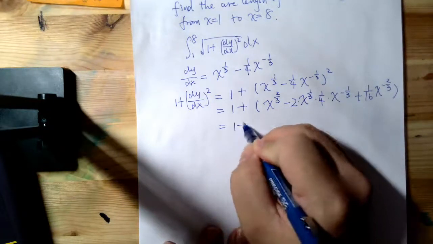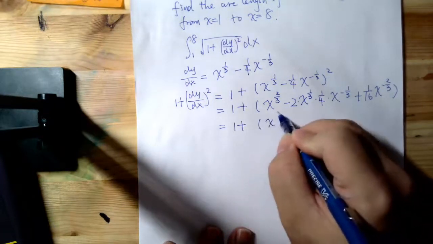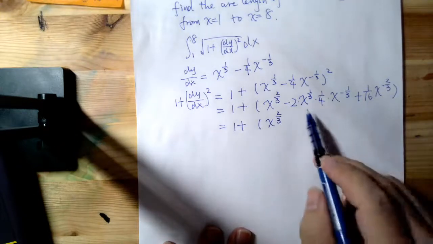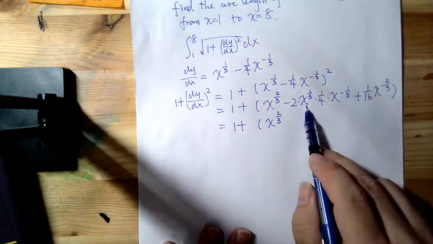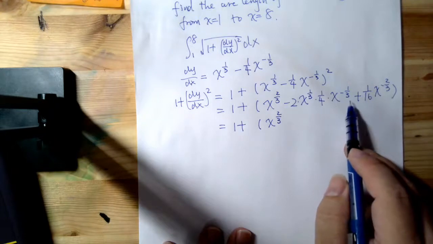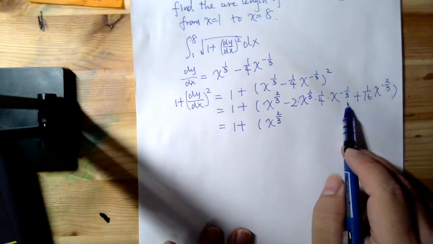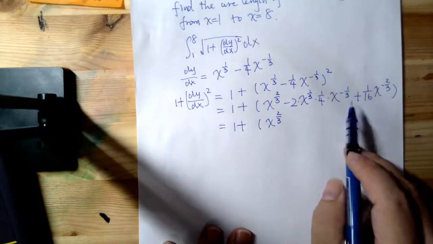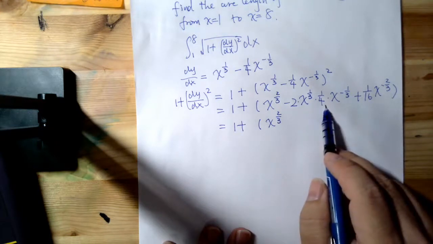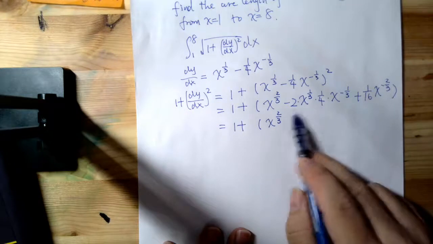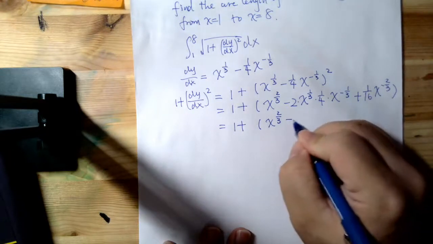Let's still keep that x^(2/3). If you evaluate x^(1/3) times x^(-1/3), it becomes x to the power of 0, which is 1. 2 times a quarter is a half, and I have minus here, so it's minus a half.